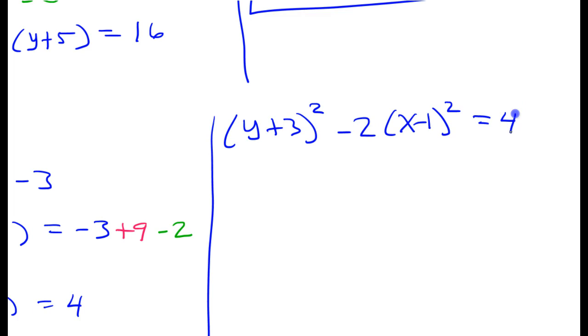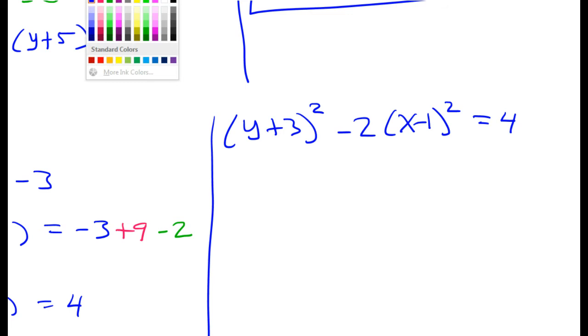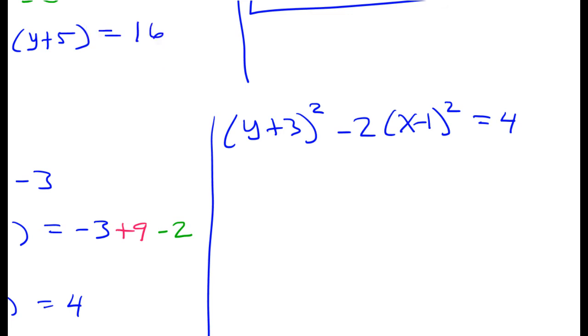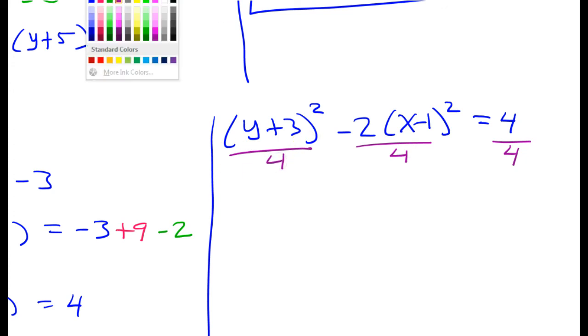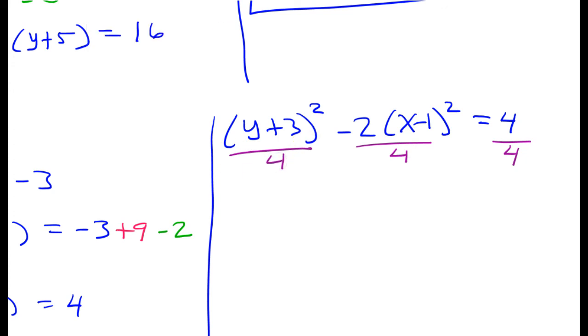So equals 4. Now remember, for a hyperbola, we always need equals 1. I need a 1 over here. That's why I'm going to divide everything by 4 right now. Alright, so the first term becomes (y plus 3) squared over 4 minus 2 over 4 reduces down to 1/2.